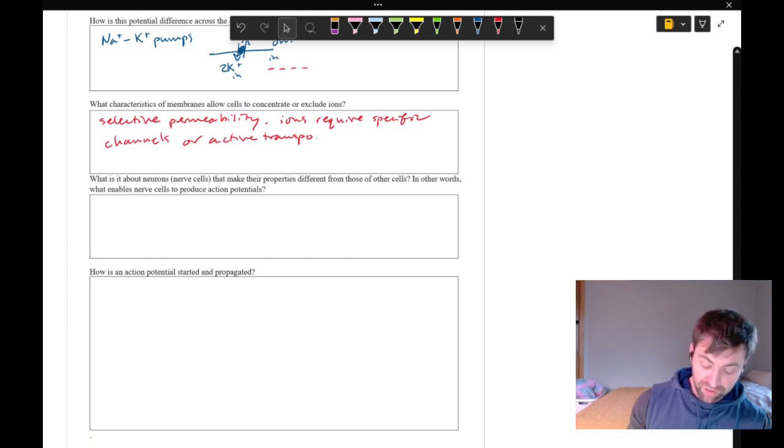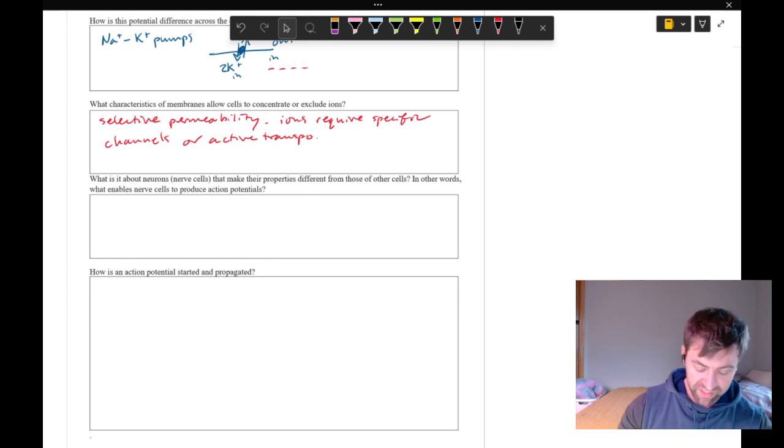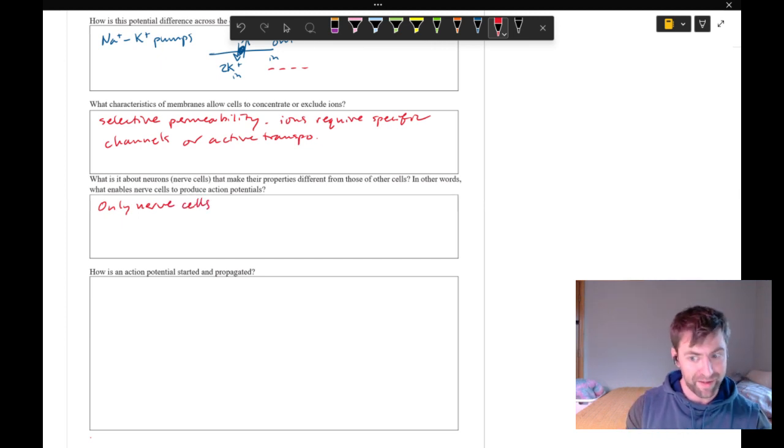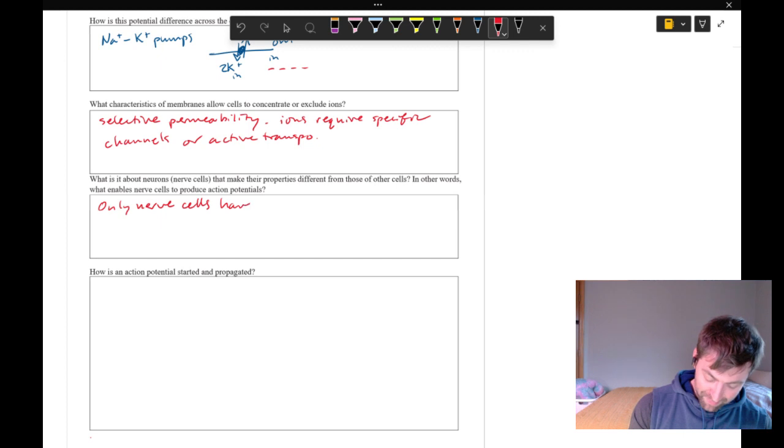What is it about neurons or nerve cells that make their properties different from those of other cells? In other words, what enables nerve cells to produce action potentials? So all cells generate a potential difference across their membranes. However, only nerve cells, or excitable membranes rather, more specifically, have voltage-gated ion channels.